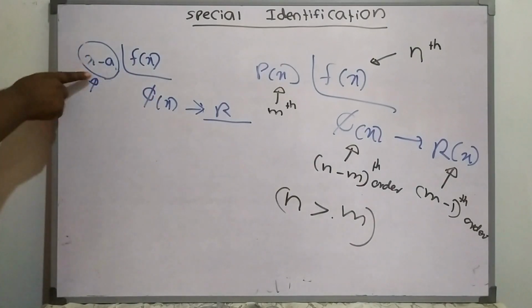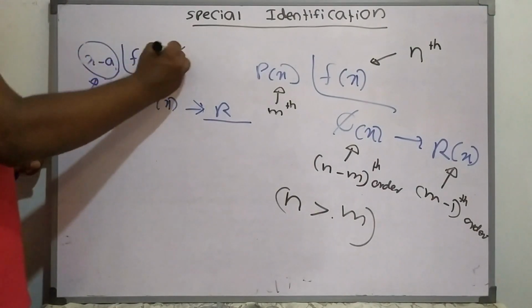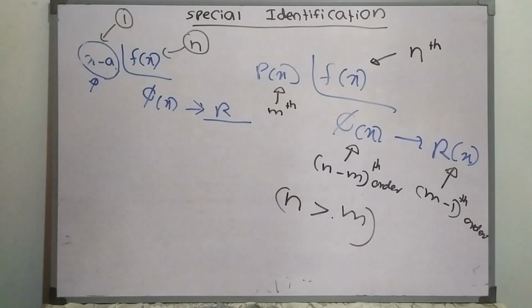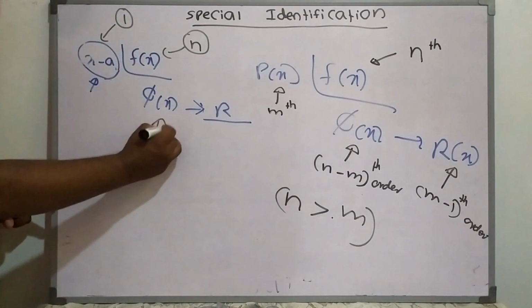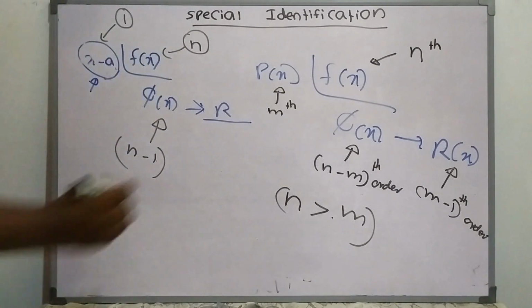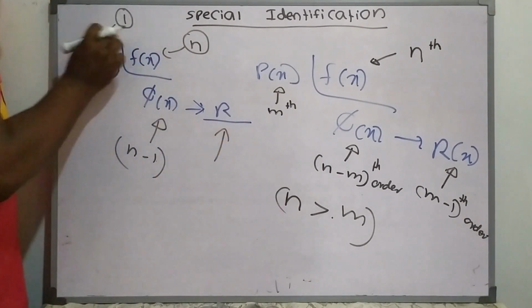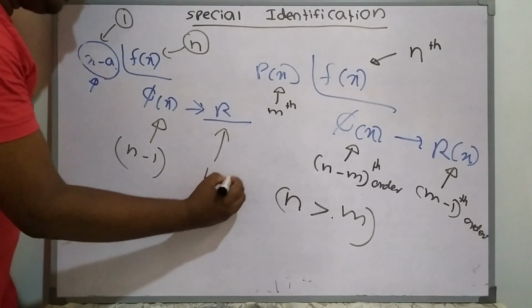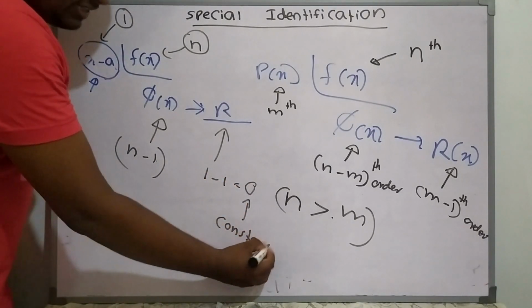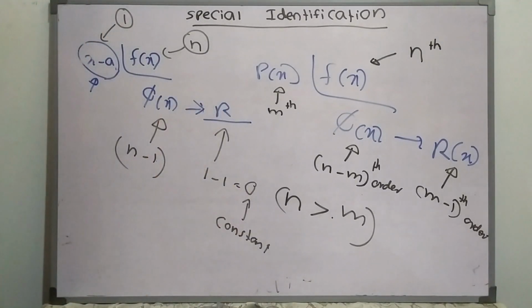Now you can understand this when dividing by x minus a, which is first order. The quotient will be n minus 1, and the remainder is order 1 minus 1, which is 0, meaning it is only a constant. That is why we write r.